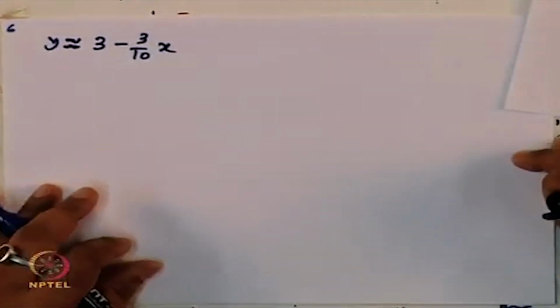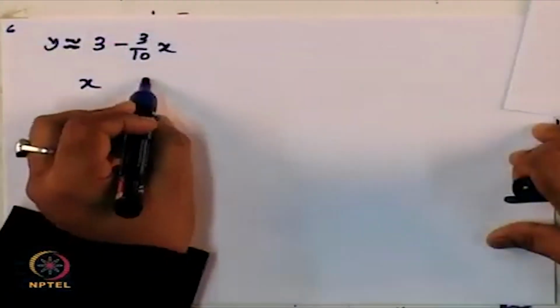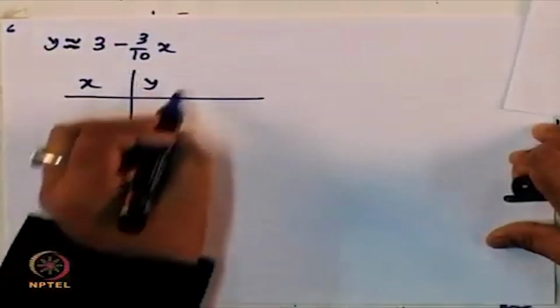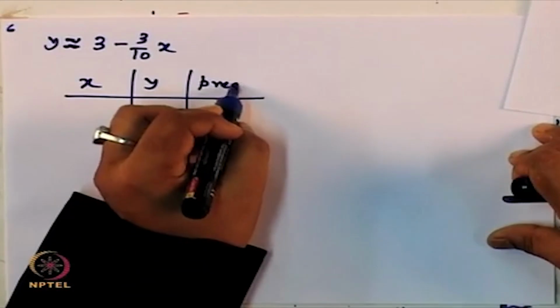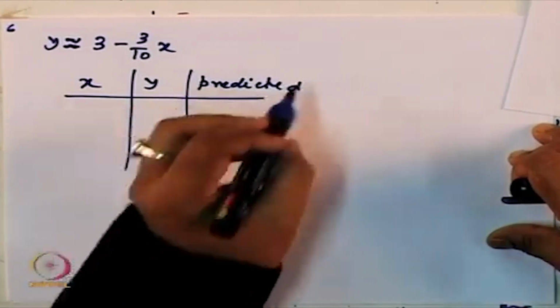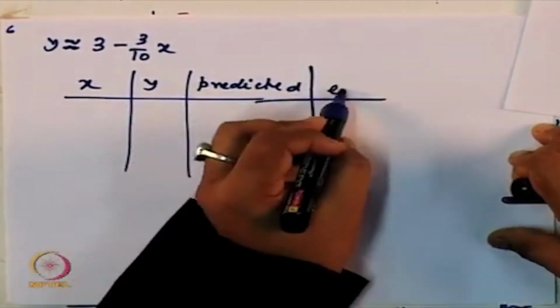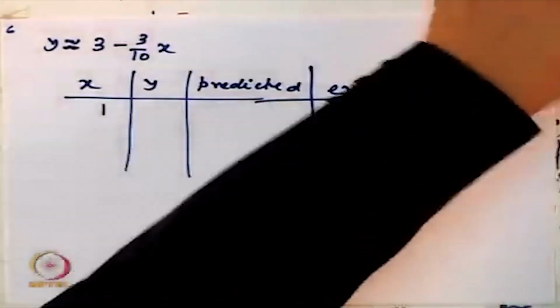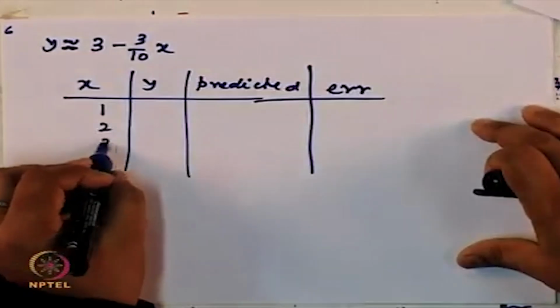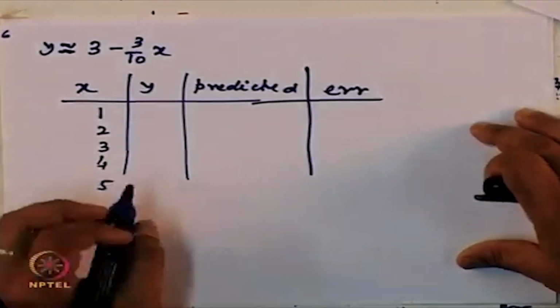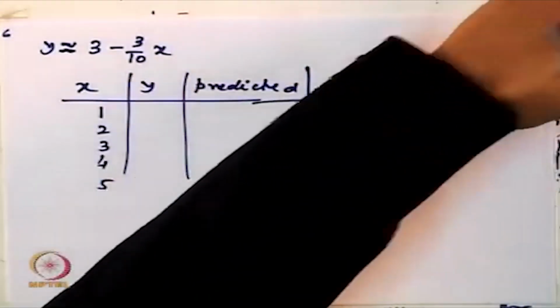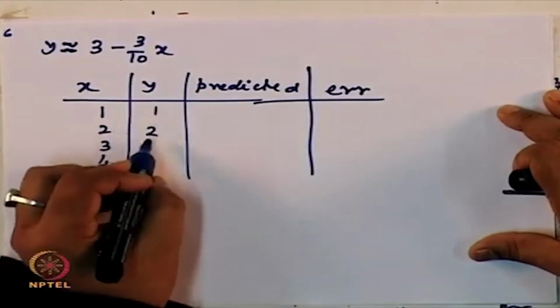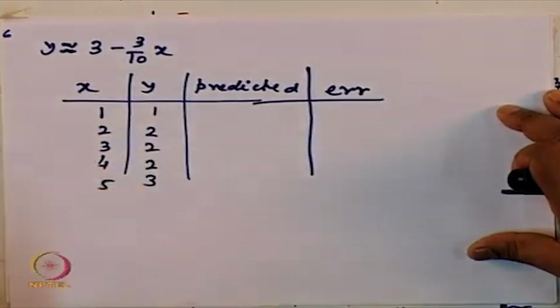Now, I want to find out the predicted value for each of the values. x is 1, 2, 3, 4, 5 and y is 1, 2, 2, 2, 3.